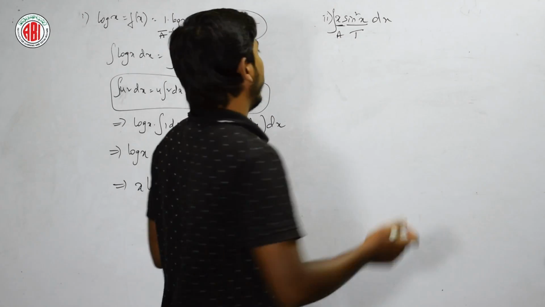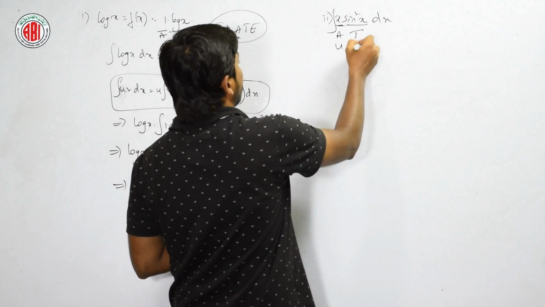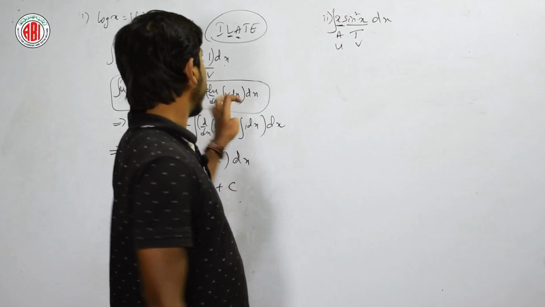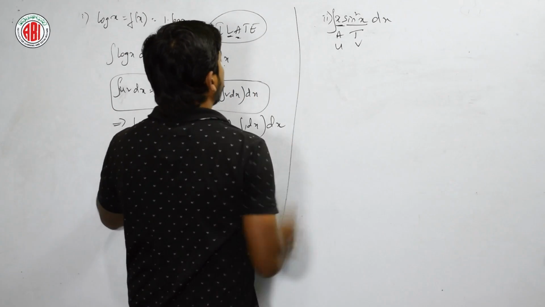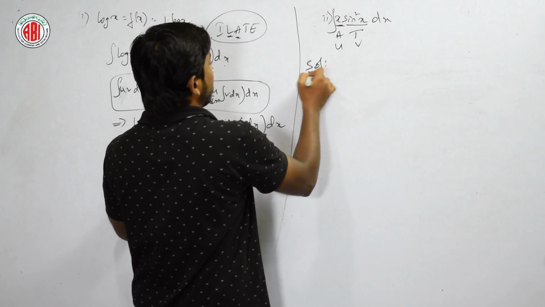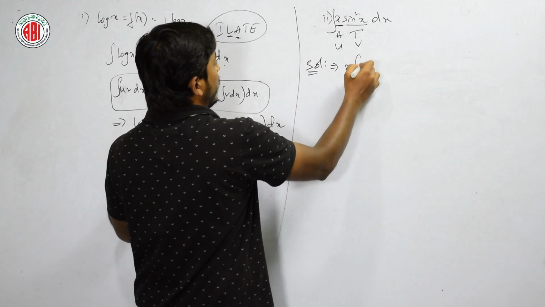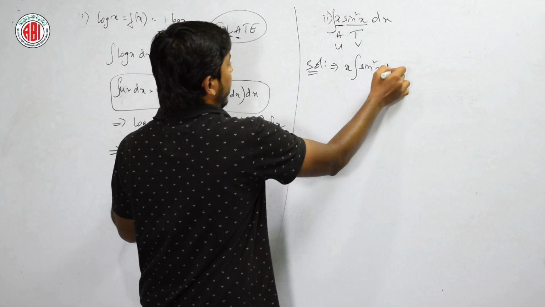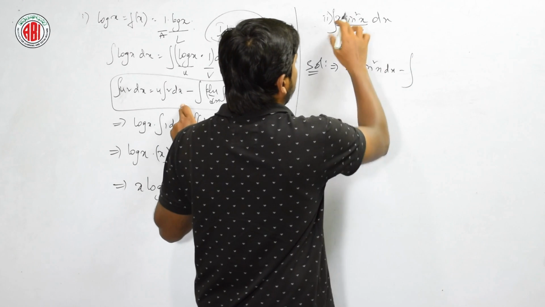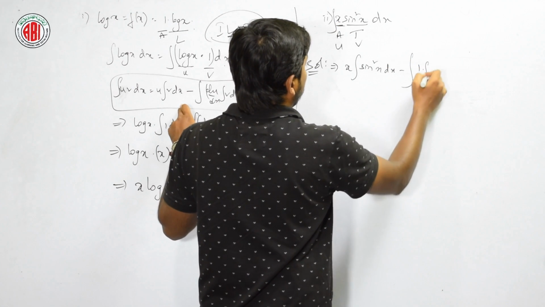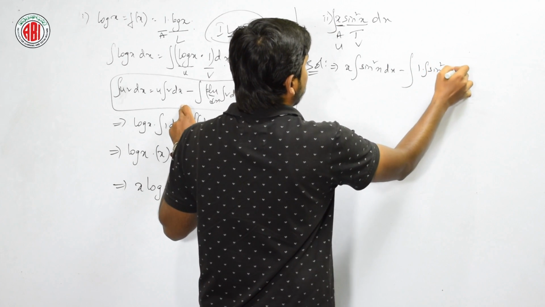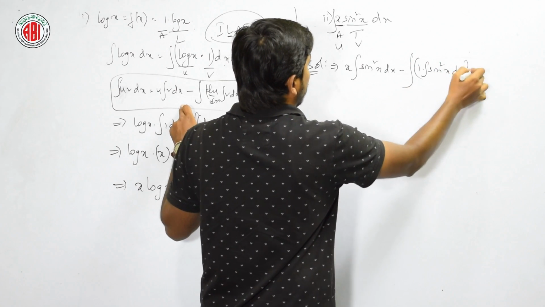So we can directly take x as u, sin square as v. So let us directly substitute in this formula. See here, from now I will directly write the answer. U integral v dx minus integral differentiation of x into integral sin square x dx whole dx.